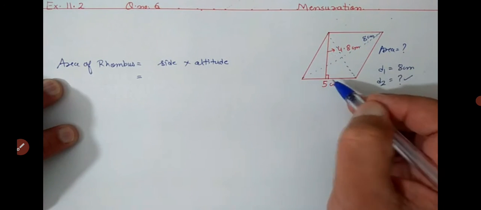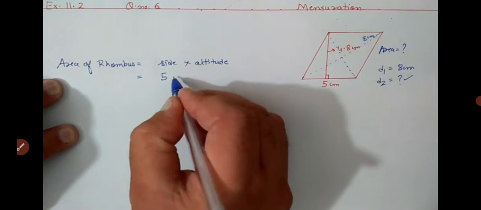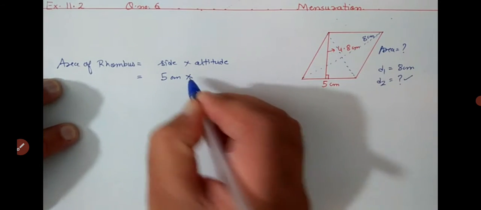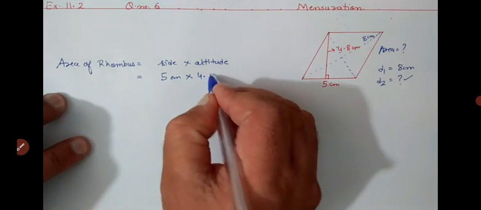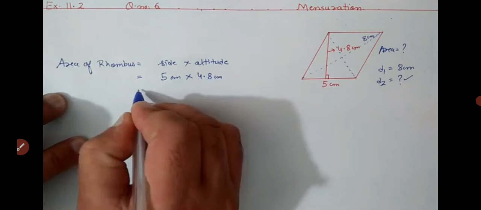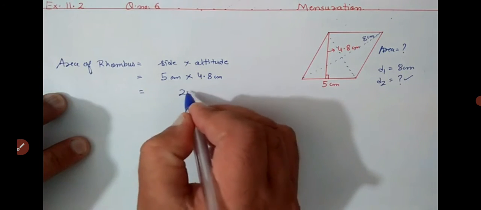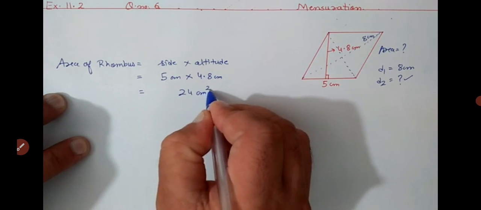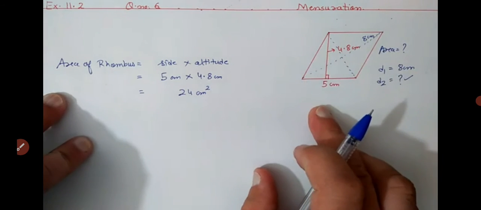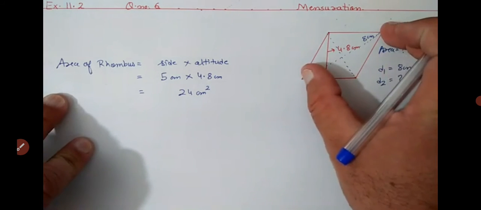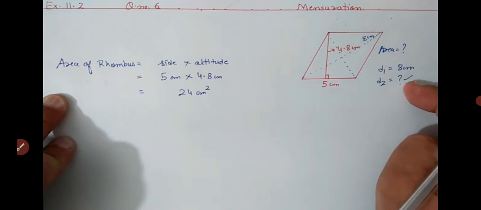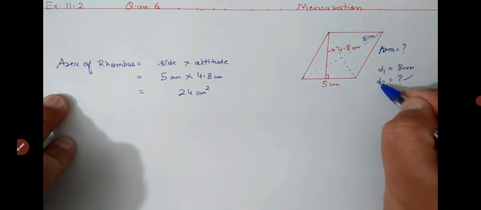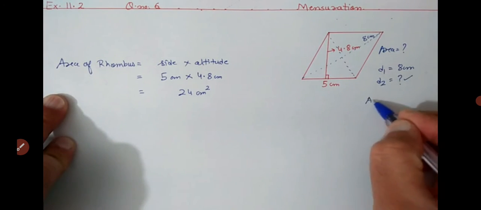So that is 5 into 4.8. So we can get 24 centimeter square. Okay, now we have to find d2.